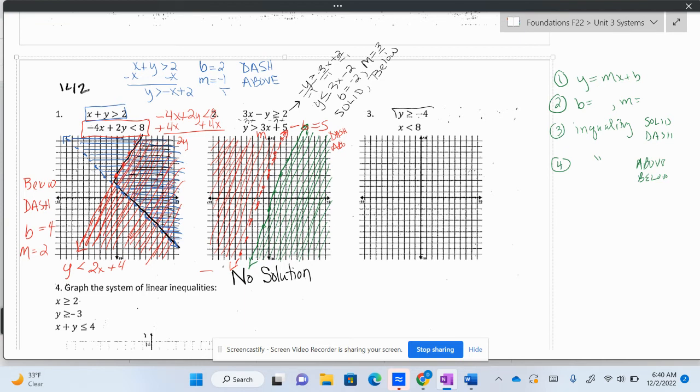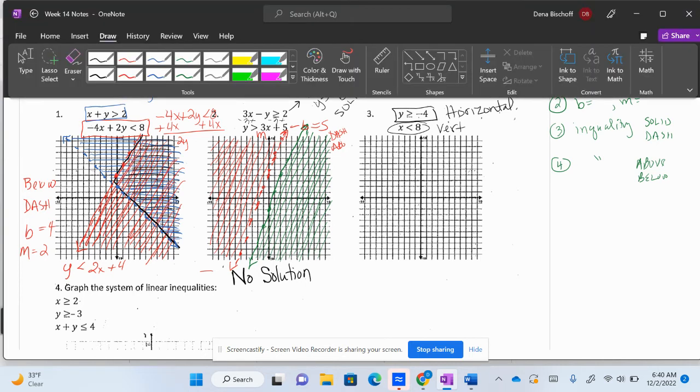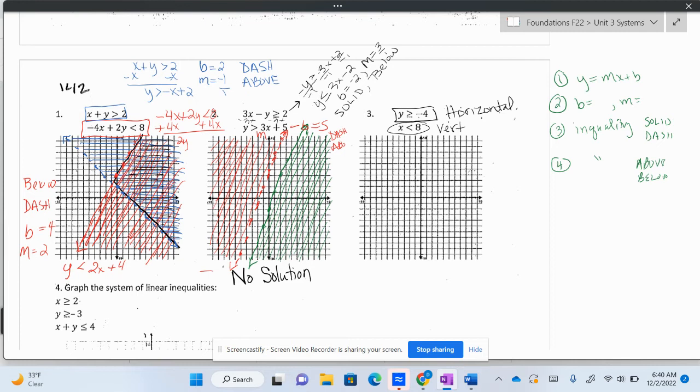All right, so yesterday we talked about lines like this. Remember, these are horizontal. And lines like this are vertical. So y is greater than or equal to negative 4 means I'm going to have a horizontal line going through the y-axis at negative 4.